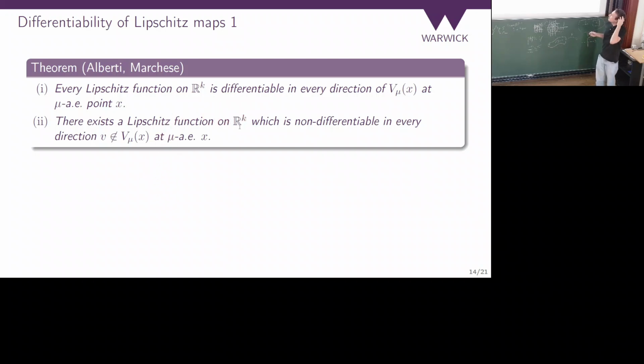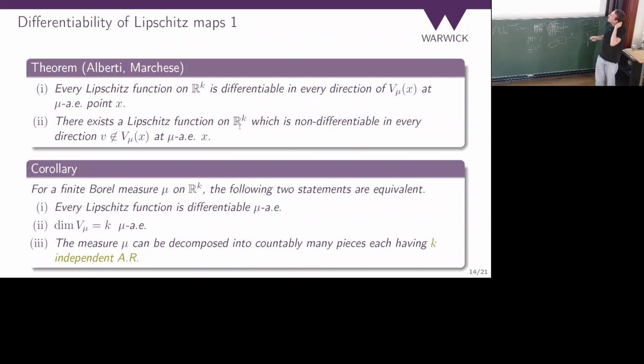This tells you the following. If you have a finite Borel measure mu on Rk, the following three statements are equivalent. Every Lipschitz function is differentiable mu almost everywhere. It's the same as the dimension of v mu being k, right? Because we know we are differentiable with respect to directions in v mu, and being differentiable means you're differentiable in all directions. So v mu has to be the whole thing, which is the same as v mu having the same dimension as Rk, which is k.